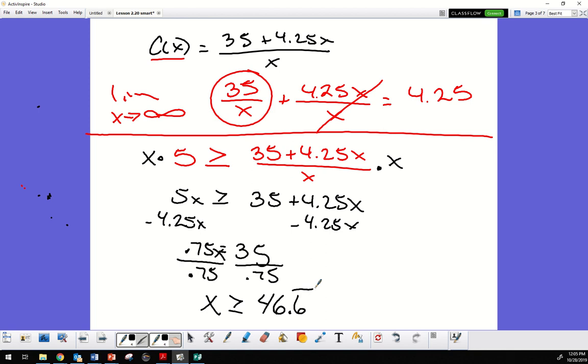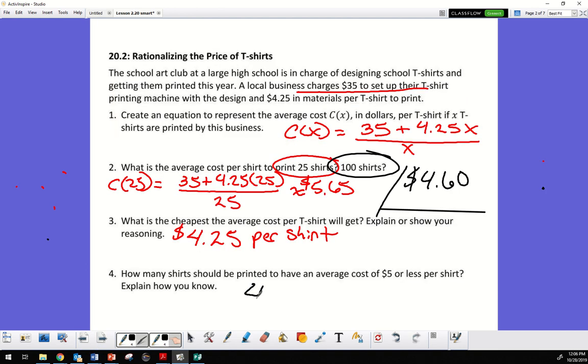It's got to be this or more. So it's going to be 47 shirts.